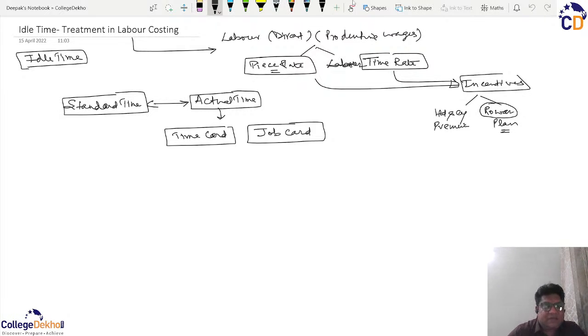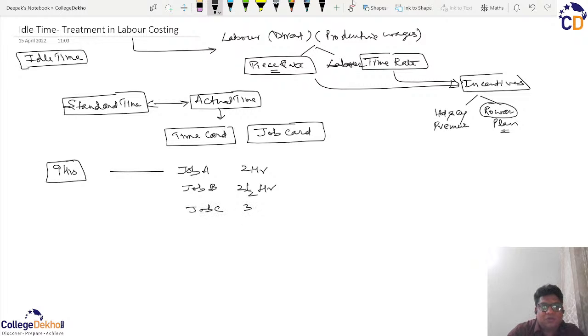But whatever is the case, say the normal working hours are 9 hours and the worker has spent around 2 hours on job A, then shifted to job B and spent around 2.5 hours, and then shifted on his last assignment to job C where he spent around 3 hours.